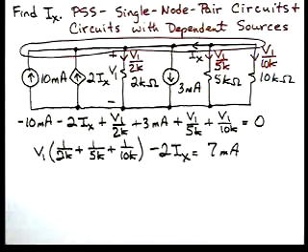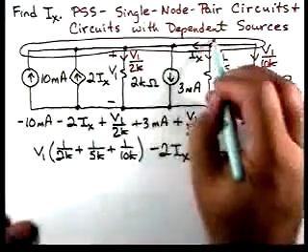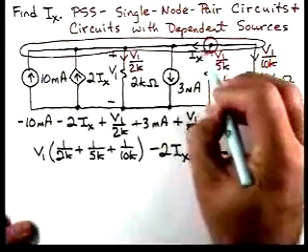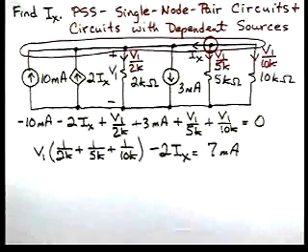Now, referring to the strategy on circuits with dependent sources, I need to express Ix in terms of that voltage V1, and I'll do that by applying Kirchhoff's current law at this connection.